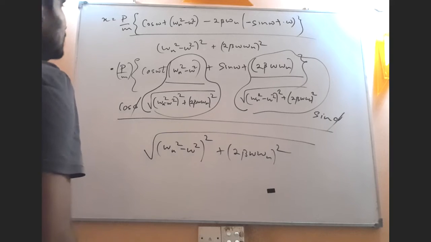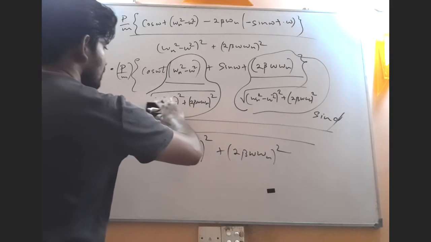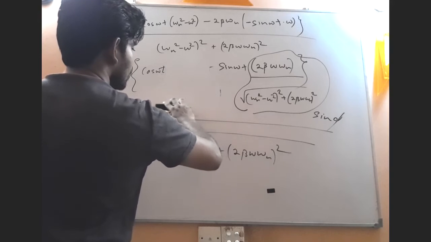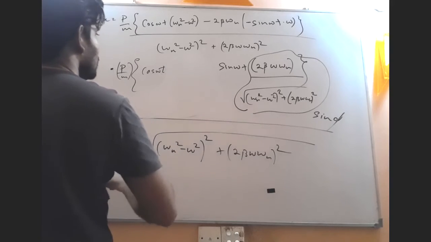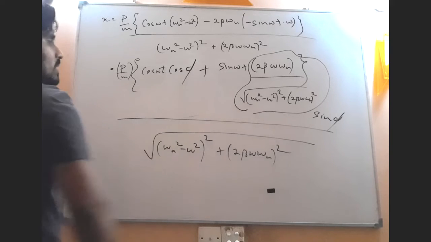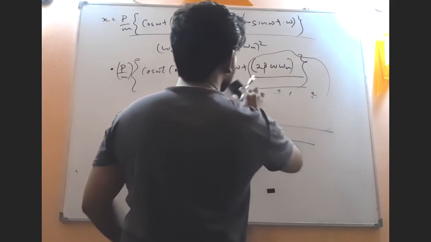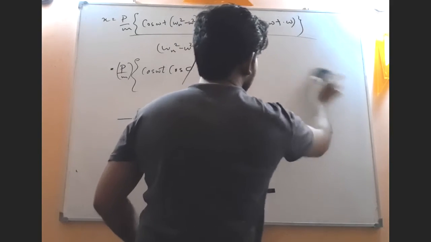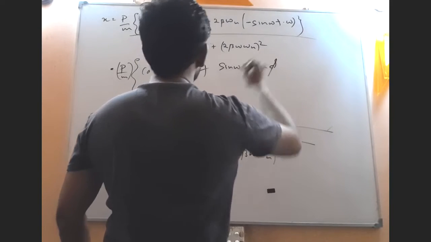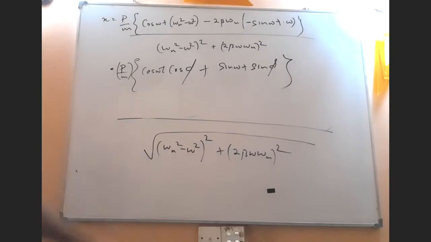So now it's very easy. This part you can replace by cos phi. So I am going to erase that. So this part now you can write cos phi plus, and this part you can write by sin phi, omega t times sin phi, divided by this, right?